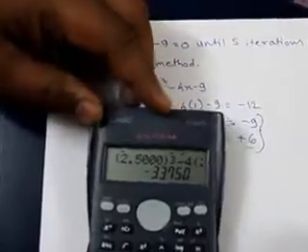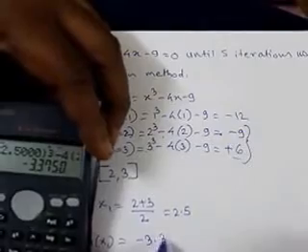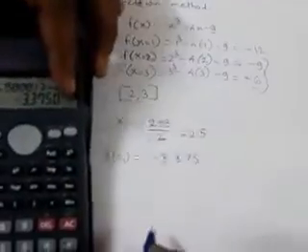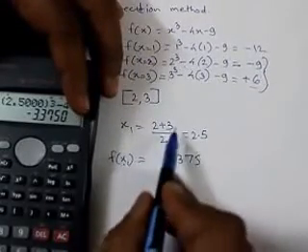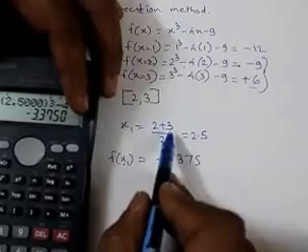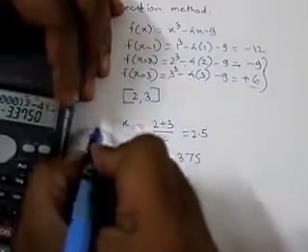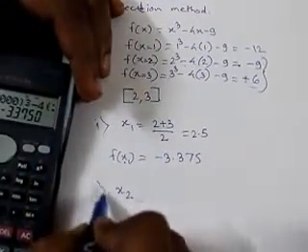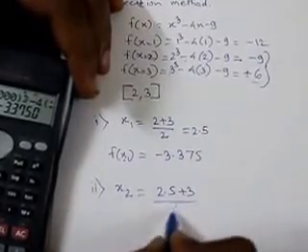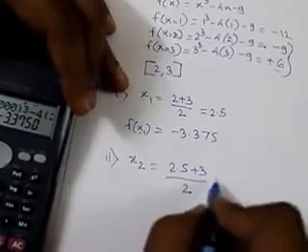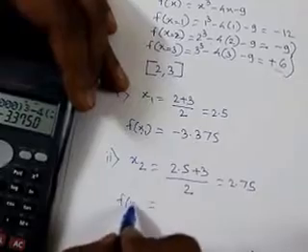As you can see, it's minus 3.375. It's still negative, which means our next iteration is going to lie between x1 and b, which is 3. The second iteration, x2, is 2.5 plus 3 divided by 2, which is 2.75. Let's find what f of x2 is going to be.